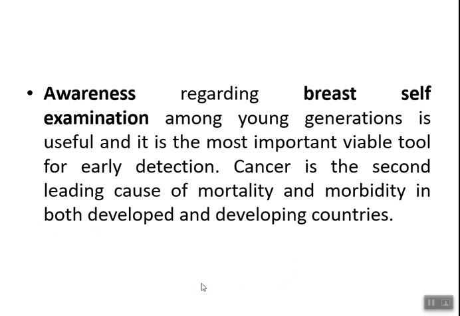It is very useful and it is a most important, viable tool for the early detection of cancer, as cancer is the second leading cause of mortality and morbidity in both developed and developing countries. So to prevent this morbidity and mortality, breast self-examination is very important.